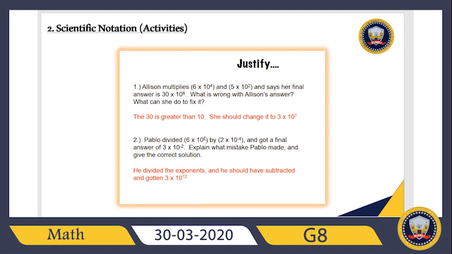So we subtract the exponent in the denominator from the exponent in the numerator. So it will be 8 minus minus 4. Be careful, minus minus 4. Now minus multiplied by minus gives you plus, so it is 8 plus 4, which is 12. Okay, so he divided the exponents and he should have subtracted, and gotten 3 times 10 to the power of 12. The exponents here for the tens should be subtracted.